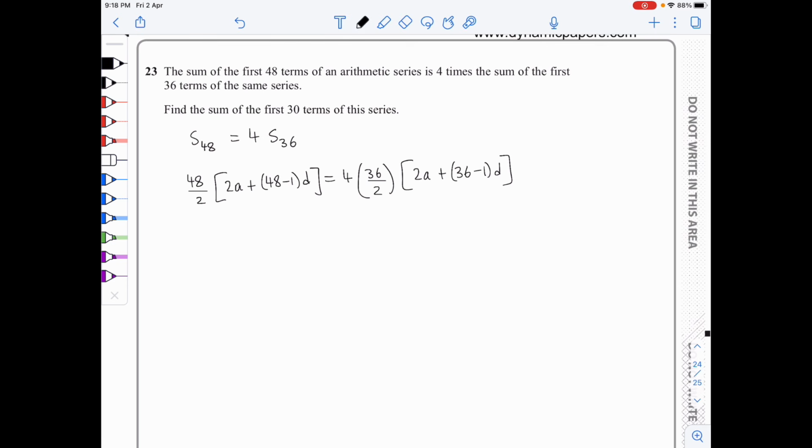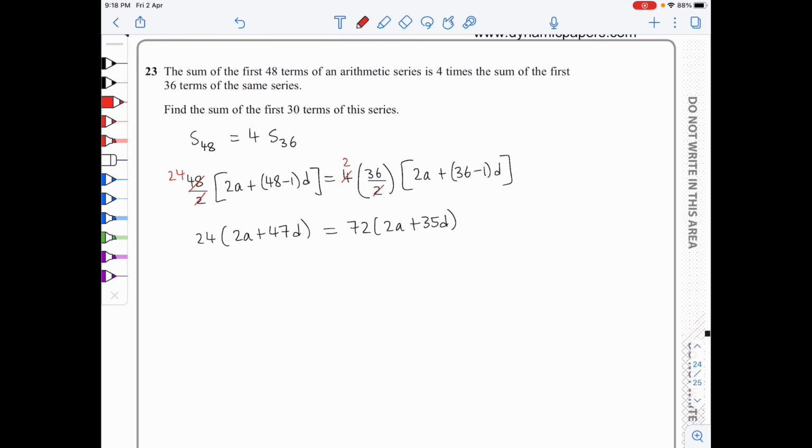So the 48 with the 2 simplified to give me 24. Now the 2 with the 4 leave me a 2 here. So this is leading to 24 brackets 2a plus 47d is equal to 72 brackets 2a plus 35d.